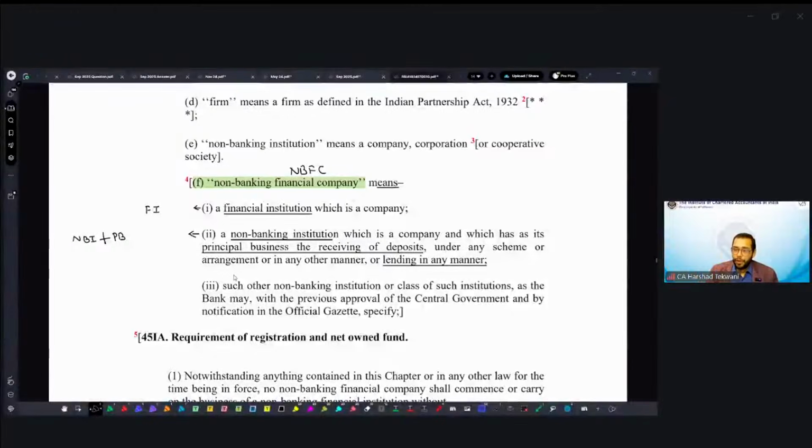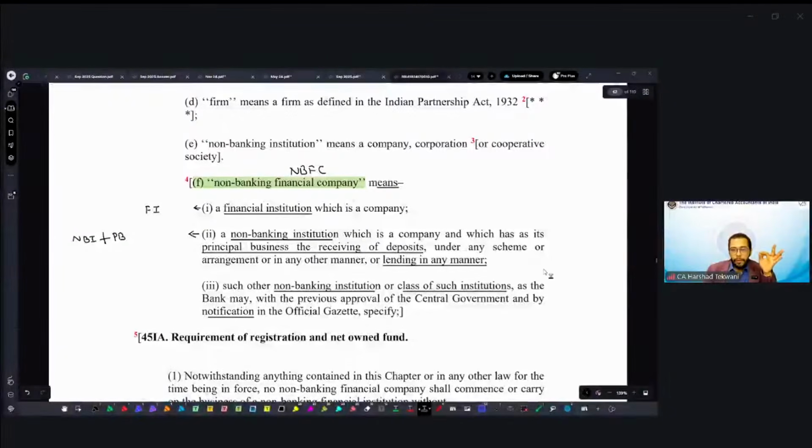So principal business of receiving and lending. Third, such other NBI or classes of institution notified by the central government. If the central government is of the opinion that there is something which we want to classify as an NBFC, we will classify it.